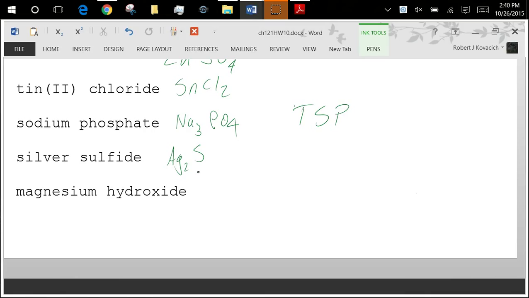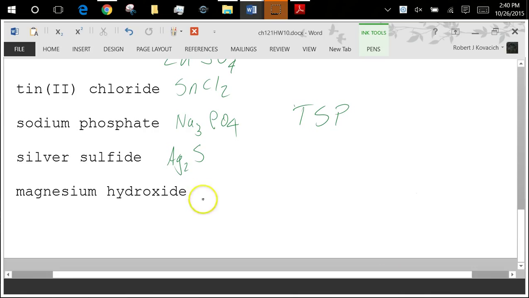You only have one silver? Is that what you said? Why is this the formula? Silver's always +1, and sulfur's in oxygen's column, so in a typical ionic compound, it's going to be -2. And then the last one? Yeah, I gave you that one again.